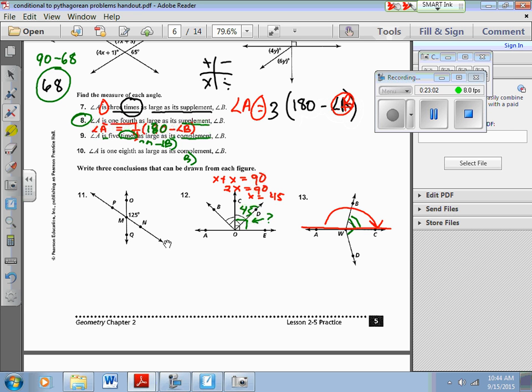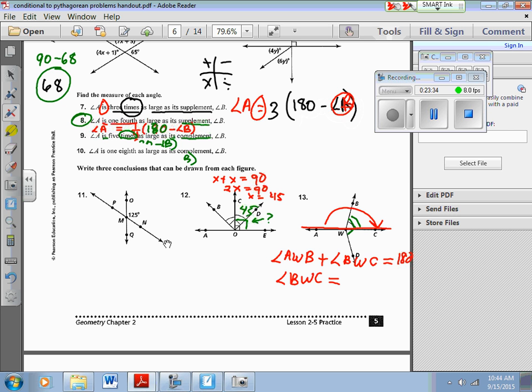So the only things I can set up are angle AWB plus angle BWC add up to 180. I also know that angle BWC is equal to what letters? No, not AWB.